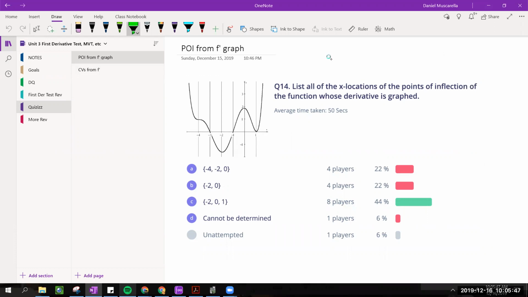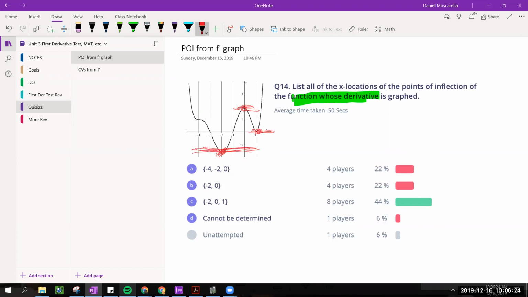Now the critical thing is that this is a derivative graph. Anytime you have the derivative function graphed, what you want to look for are wherever the horizontal tangents are. Anywhere you've got that horizontal tangent line, that's going to be an inflection point. Right up here, x equals 0 is going to be one, and then over here, x equals 1. So those would be the three points of inflection based off the graph. Does that make a little more sense now?